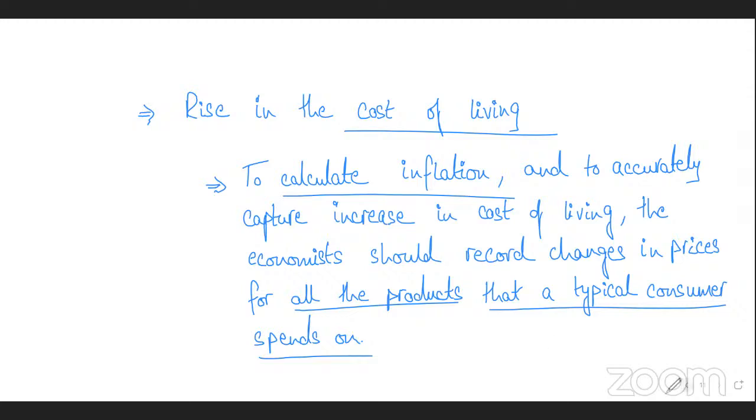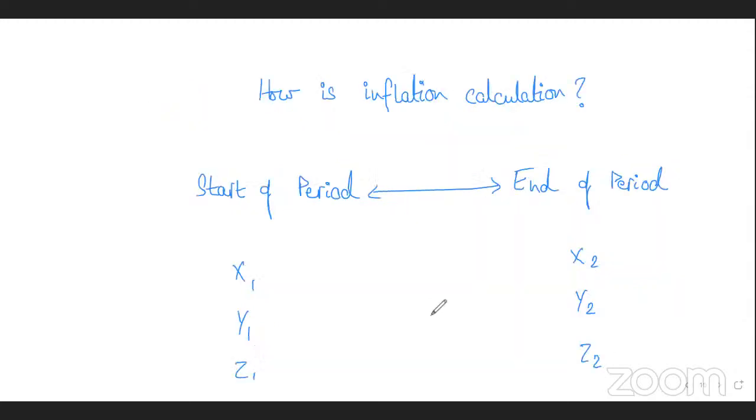Tomorrow we'll talk about how inflation is calculated, but this is the gist of it: you record the prices at the start of the period, you record the prices at the end of the period, you see how much is the percentage change, and you do some calculations. We will look at it in more detail tomorrow, and then we will come up with the final figure, like 5% or 6% or 7%, which shows how much was the increase in the average prices of goods and services during that time.